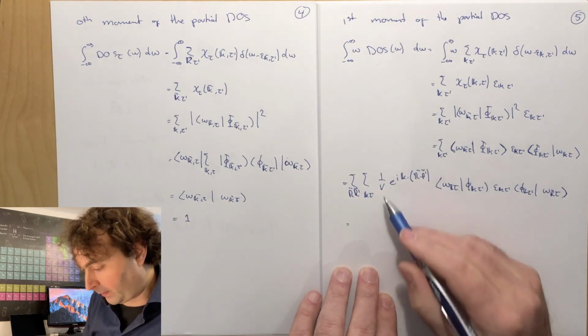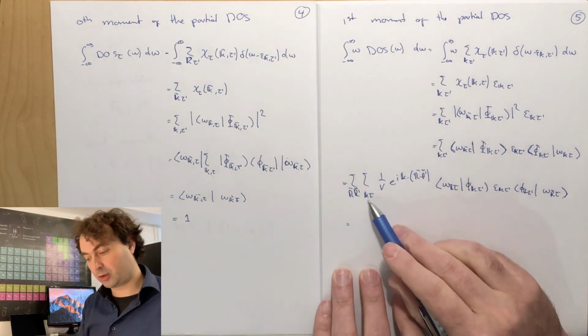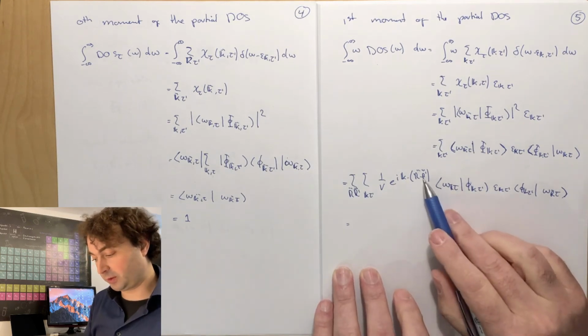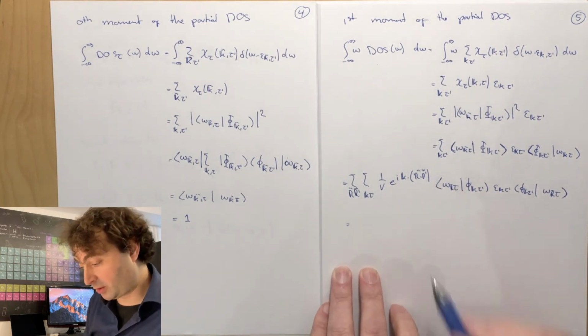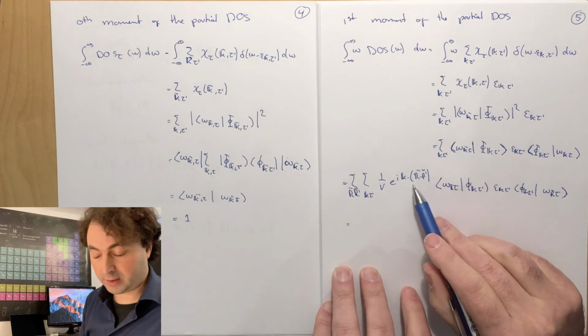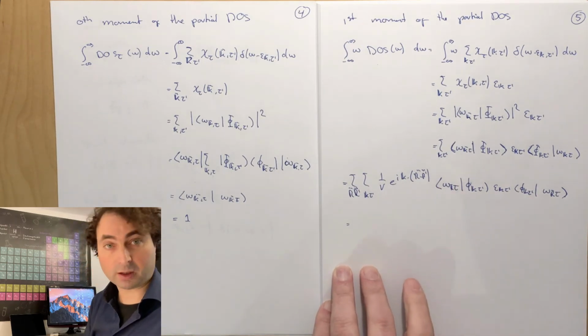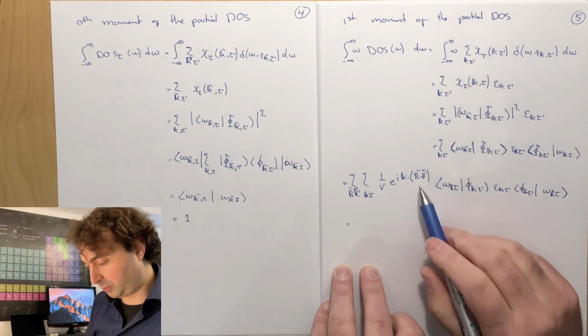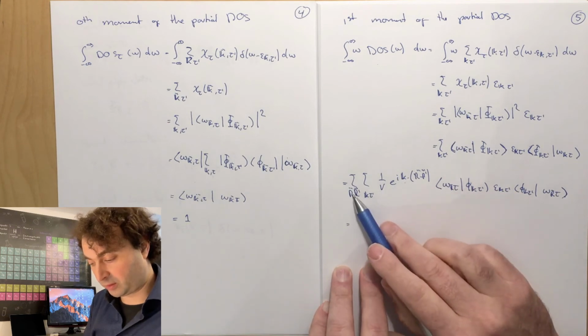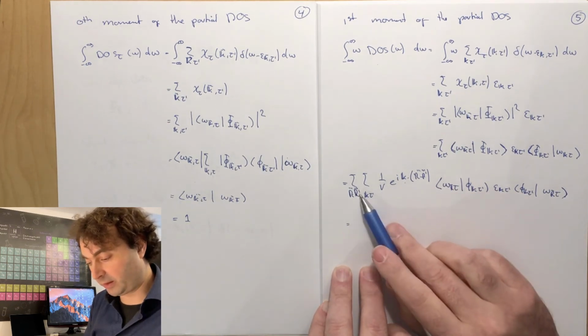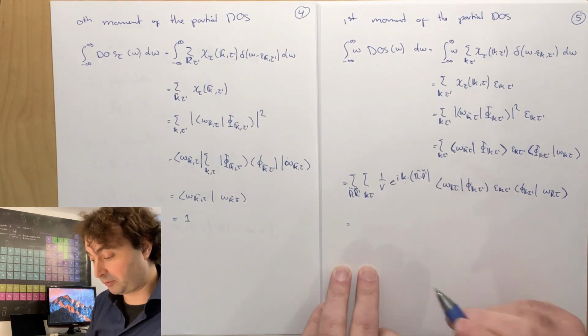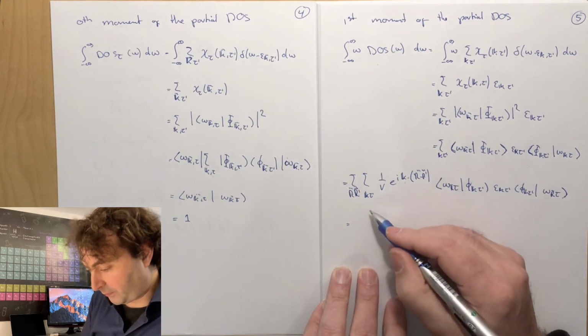Well, what we have here is a sum over all crystal momenta of the difference between two vectors. This is an oscillating function when r is different from r prime. When r is equal to r prime, this is 1. So there's a delta r prime in there, and then there's a sum over r prime of 1 over v, which makes 1 again.